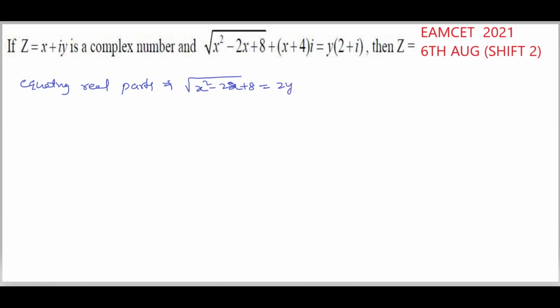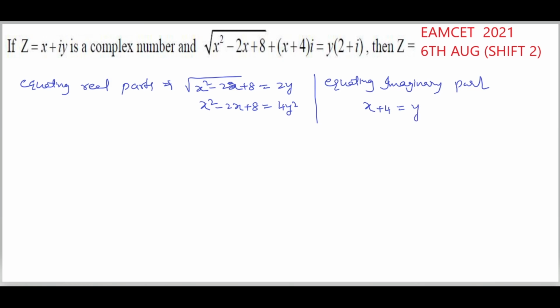Squaring on both sides, that is x square minus 2x plus 8 is equal to 4y square. And equating imaginary parts, that is x plus 4 is equal to y.